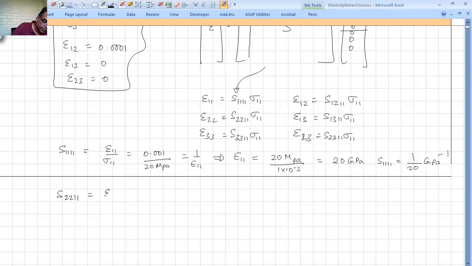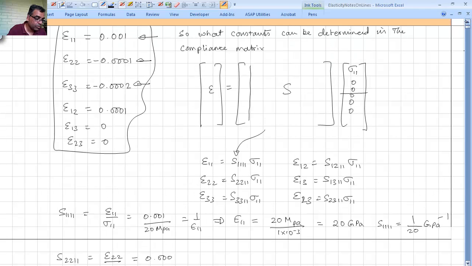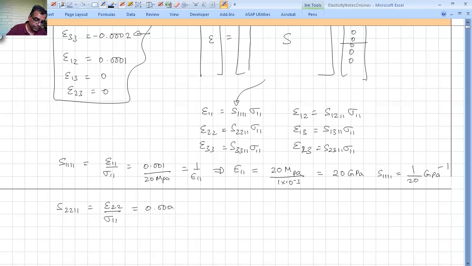Next one, S2211 is epsilon 22 over sigma 11. That turns out to be negative 0.0001 divided by 20 megapascals, which is equal to negative 1 over 200 GPa inverse, right?